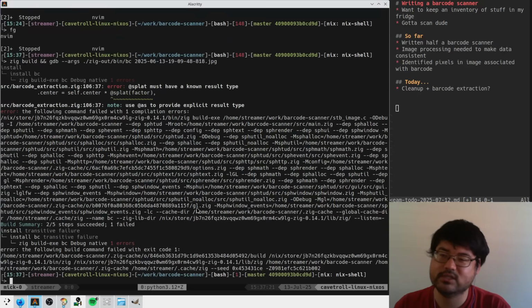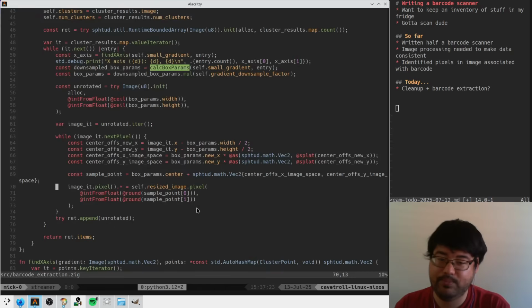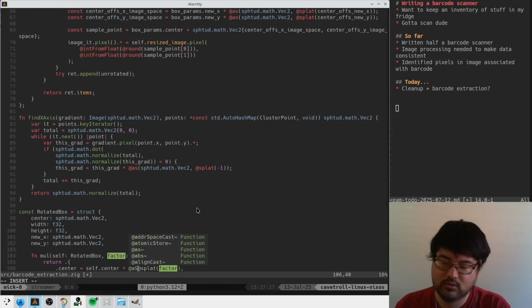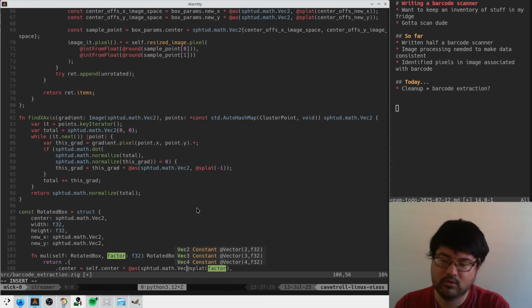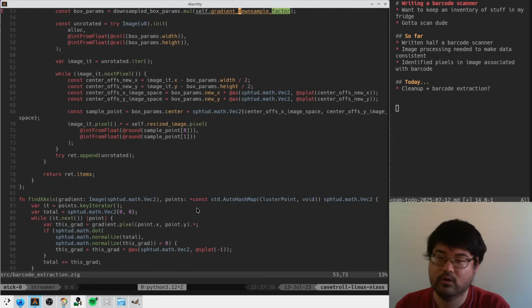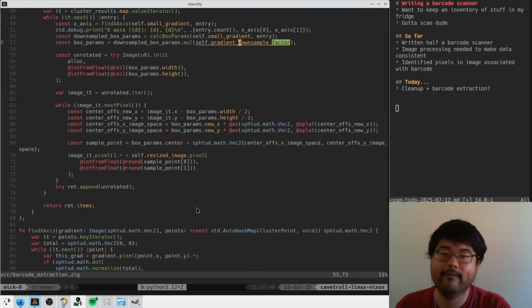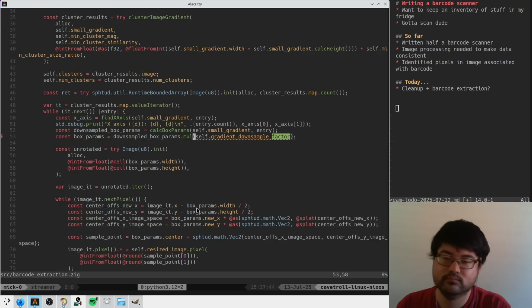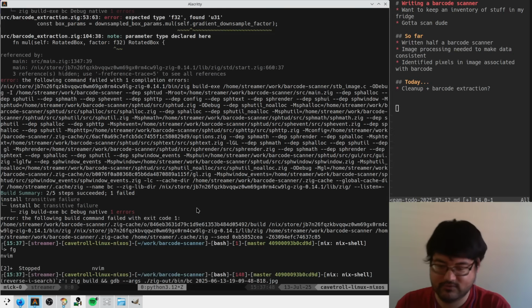So this, if it builds, hopefully at least it doesn't crash. That's kind of what we can hope for first. Sure, float from it here is fine.